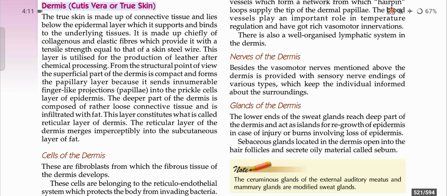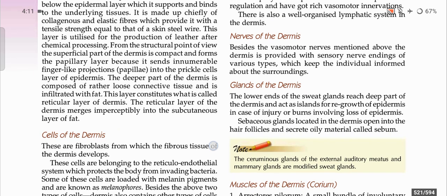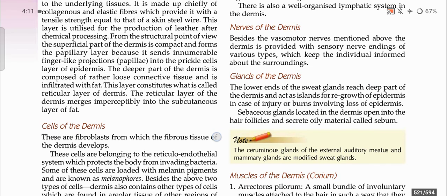From this structural point of view, the superficial part of the dermis is compact and forms the papillary layer, because it sends innumerable finger-like projections or papillae into the prickle cells. The deeper part is composed of rather loose connective tissue and is infiltrated with fat. This layer constitutes what is called the reticular layer of the dermis.